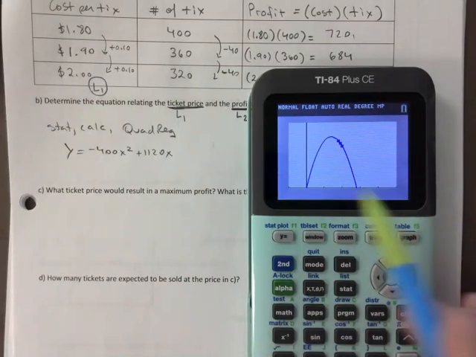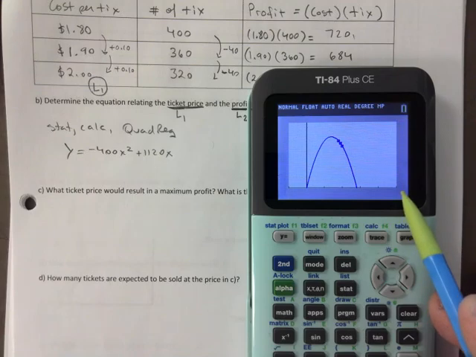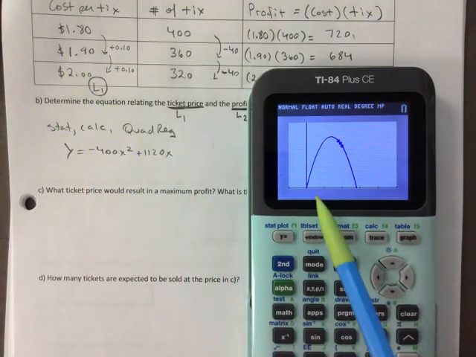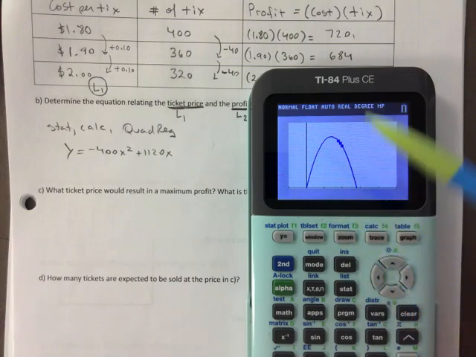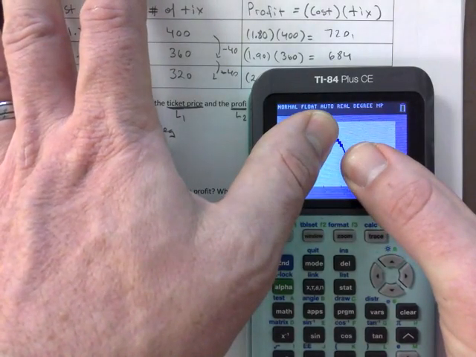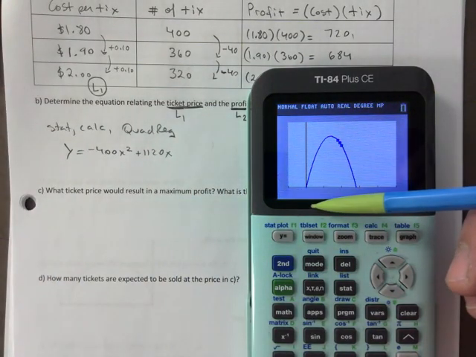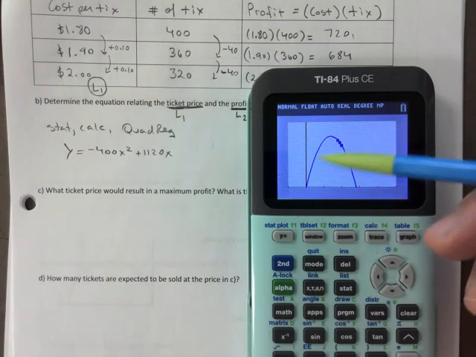Because remember, a price of 5 would be out here. And based on what we're charging already, I think we're going to stay within. Right? So do you see the 3 points that we found? They're right here. That's why it looked like a straight line when I zoomed into that. But then I went X min negative, Y min negative, and then I graphed it and chased the curve.